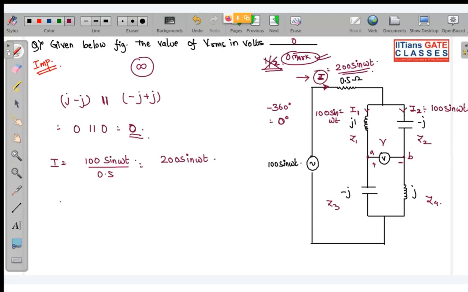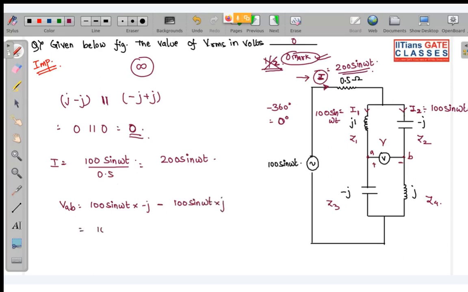Now if I want to calculate VAB, that will be equal to 100 sine omega t into minus j, minus 100 sine omega t into plus j.